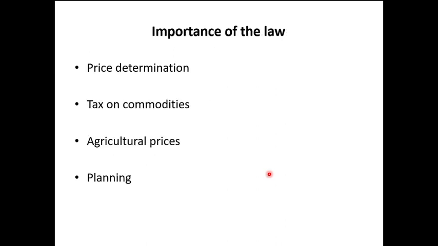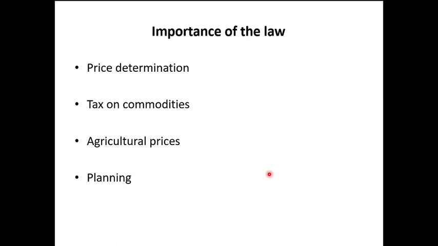Okay, so then finally we can say what is the importance of the law. This law helps to determine the price of the commodity, how to fix the prices. The prices of commodities vary. When fixing the price, they will consider whether it is a necessity, comfort or luxury commodity and all.